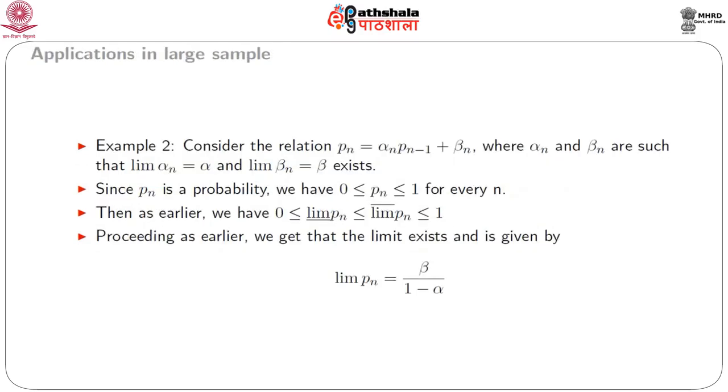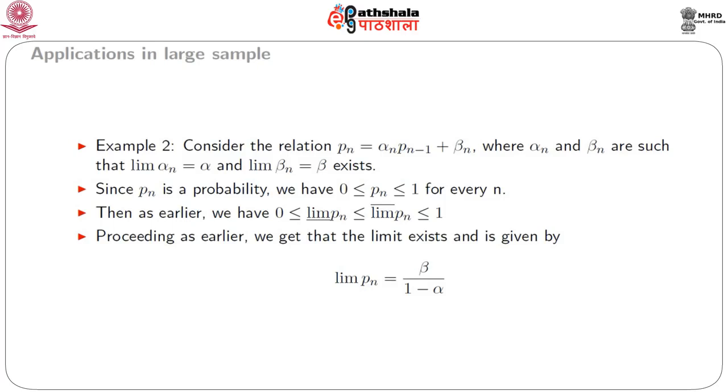Consider the next example. Consider the relation Pn equal to alpha n Pn minus 1 plus beta n, where alpha n and beta n are such that limit of alpha n equal to alpha and limit of beta n equal to beta, and they are all finite. Again, since Pn is a probability, we must have 0 less than or equal to Pn less than or equal to 1 for every n.